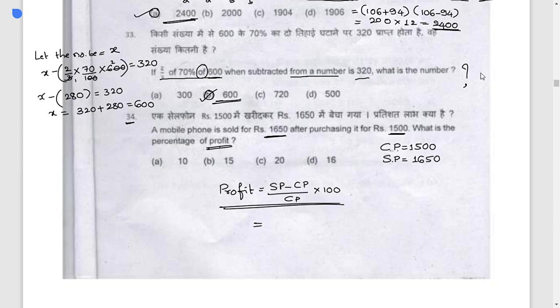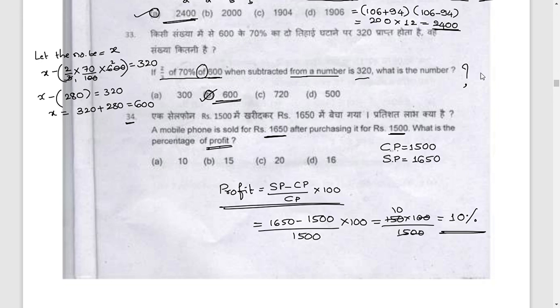So you put selling price 1650 minus 1500 divided by 1500 into 100, which is equal to 150 into 100 divided by 1500. So zeros get cancelled, 10. So profit is 10%. So the percentage of profit will be 10. So option A is the right one.